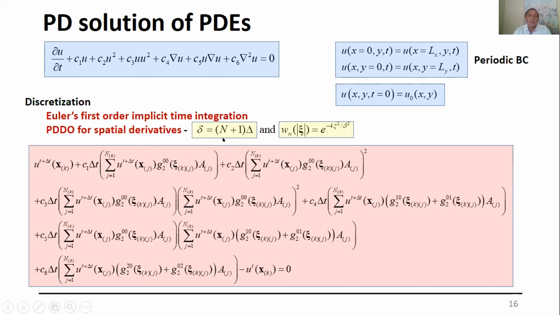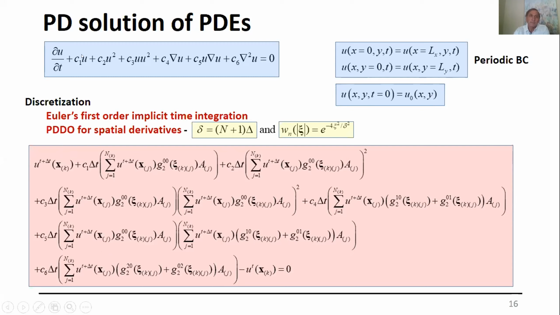And depending on the order of the derivatives I have, this N basically represents where I truncate my Taylor series expansion, or the highest order of the differentiation I have in the differential equation. Delta is my grid size, grid spacing. It's my horizon. In all of the equations that I'm going to show you today, I'm using this Gaussian type wave function. And in all the equations, I'm applying periodic boundary conditions and initial conditions here.